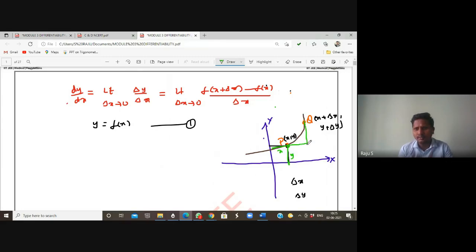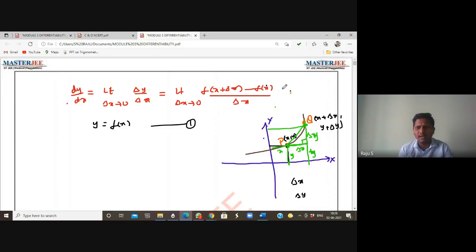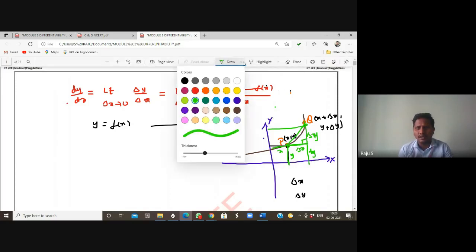When I extend here, this is x plus delta x. Here this is y, this is delta y. This is x, this is delta x. When we join these 3 points, we are going to get a right angle triangle. Am I right? Right angle triangle.